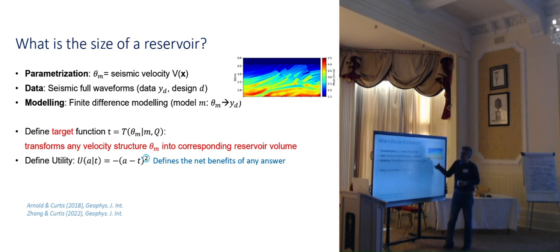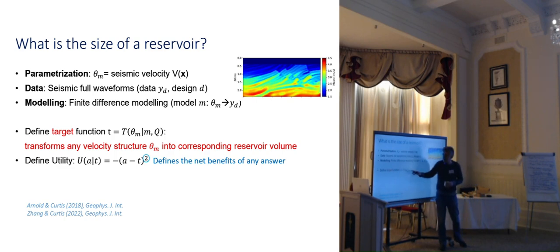Now, in order to be able to answer a question, we have to define something called a target function, which takes any particular set of parameter values, for example this image here. It takes the question that we're interested in and transforms it into a space, a parameter theta, where it is possible to answer the question.